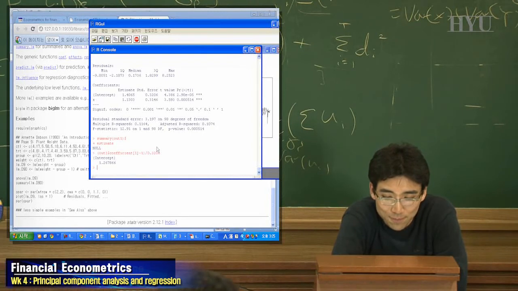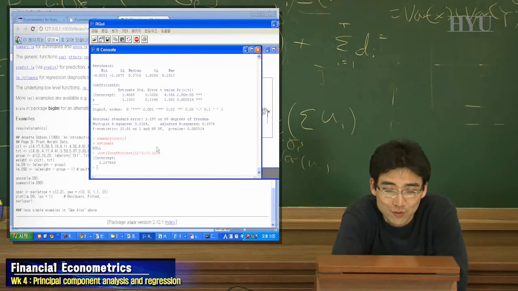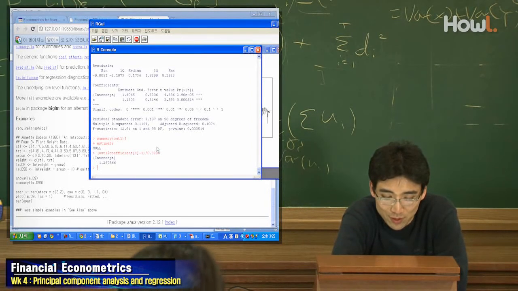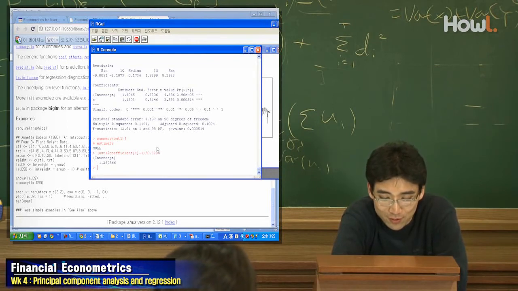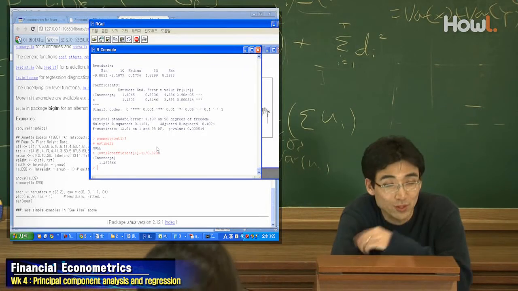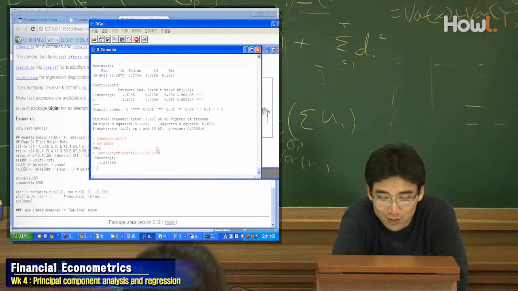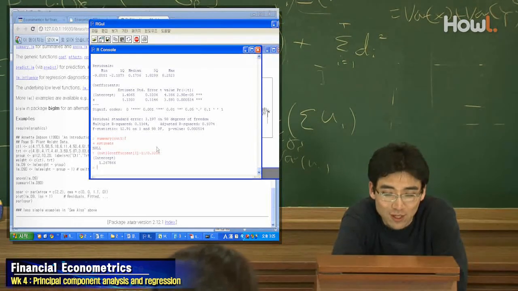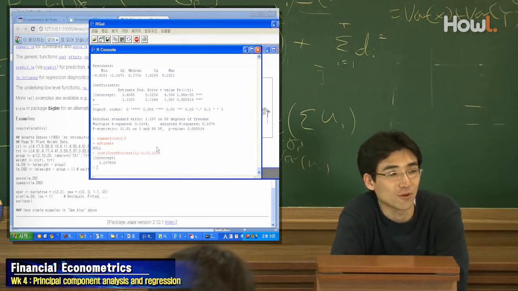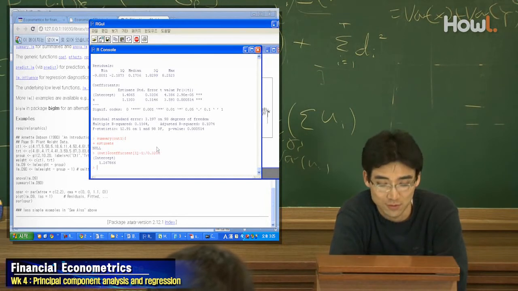I have to check the cumulative distribution of this, but I'm pretty sure that this value is within the range, so I think in this case we cannot reject the hypothesis that this estimated coefficient is equal to 1.